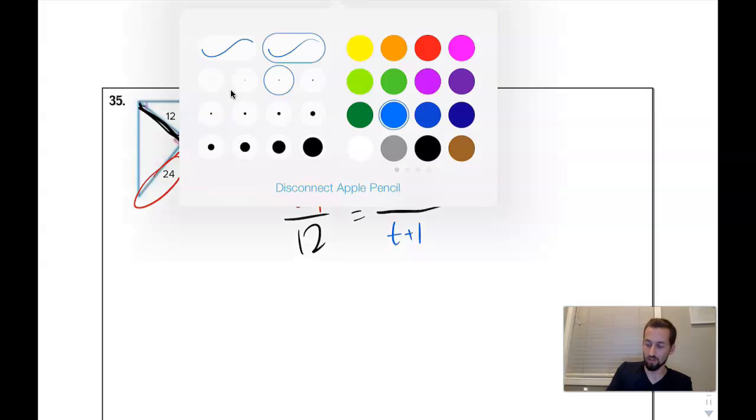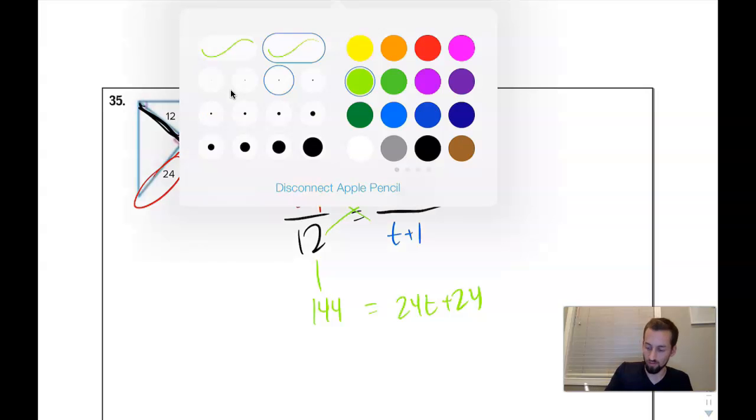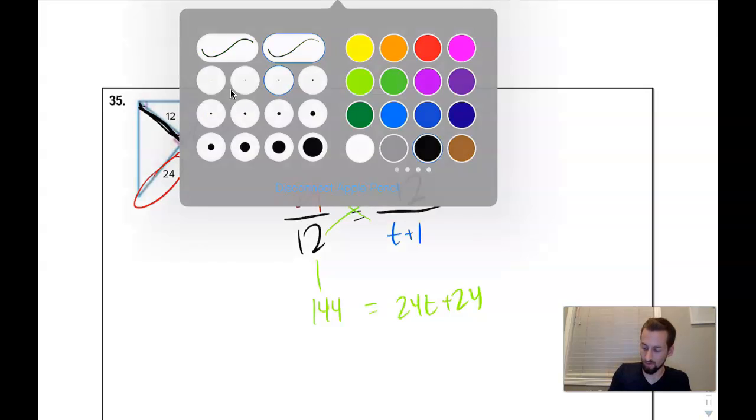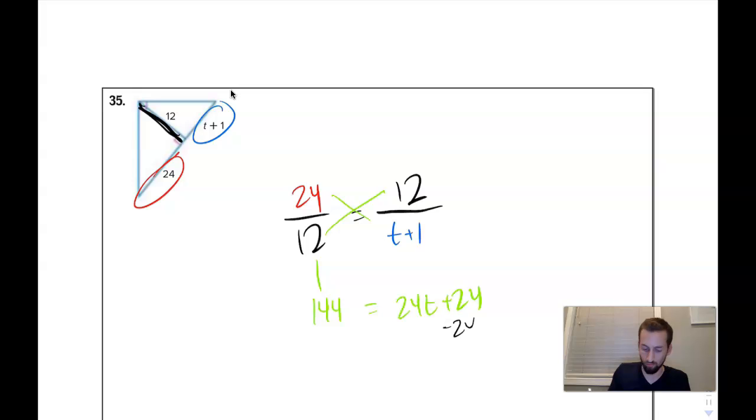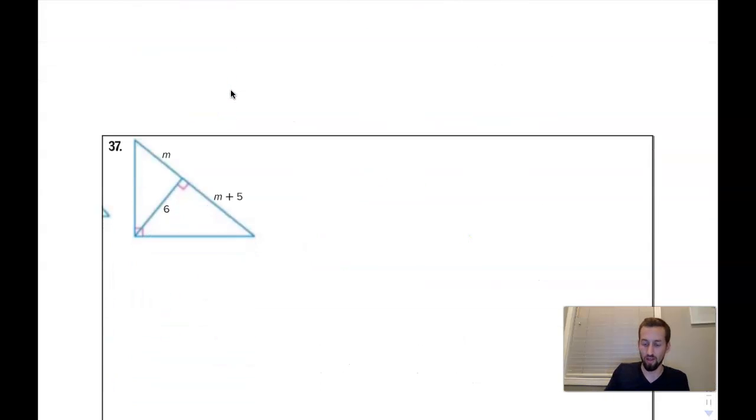So when I cross multiply, I get 144, these two, equals 24t plus 24. We'll subtract 24 from both sides. Get 120 equals 24t, divide by 24, divide by 24, and t equals 5. And you get your answer, okay?